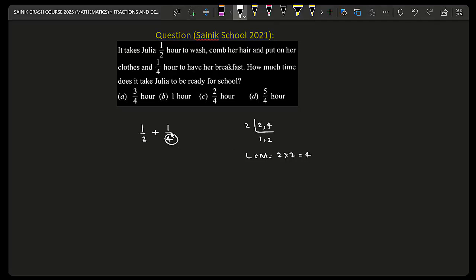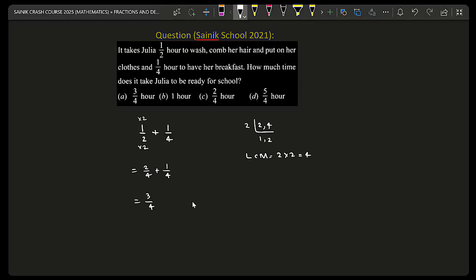2 twos are 4. So this is already 4. We don't disturb that. But how can I convert this 2 into 4? Into 2. So what about numerator? Into 2. So we are getting this as 2/4 plus 1/4. Now they are like fractions. So what is the sum? 3/4. So is there any option 3/4? Yes, option A. But you said option C. Now you understand, sir?